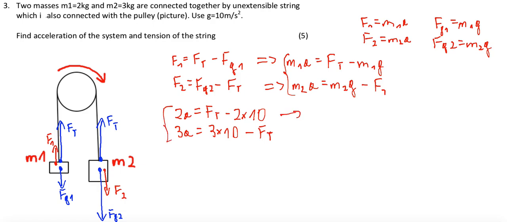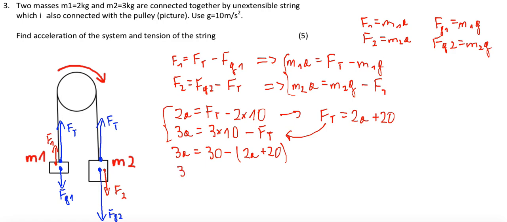So if manually, then you can write equation for Ft by using first equation and substitute this to the second, obtaining 3a is equal to 30 minus the sum of 2a and 20, which is 3a equals 30 minus 2a minus 20. So finally 5a is equal to 10. So acceleration is equal to 2 meters per second squared.